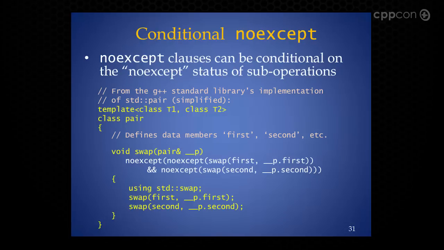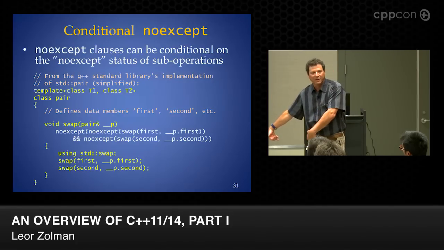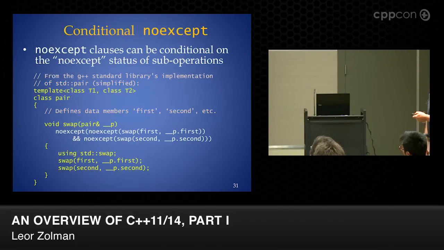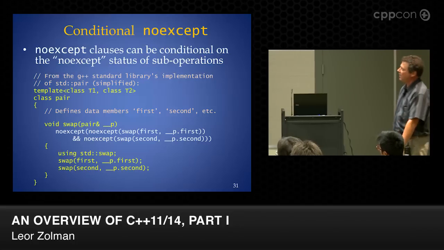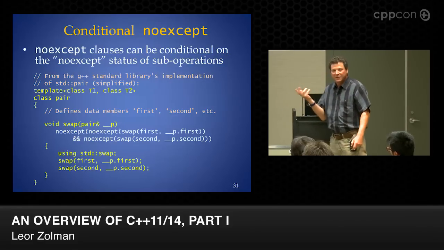Sometimes it's difficult to say whether a particular member function is going to throw an exception or not, because it's really dependent on the exception-throwing behavior of the functions it's calling subordinately. There's a way to express that. If you're familiar with the pair struct, well, it's a class, but it's used to hold elements of a map, as well as other things.